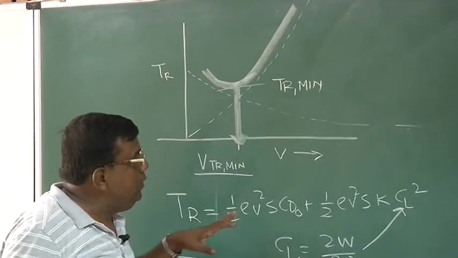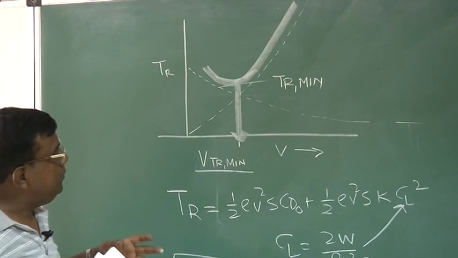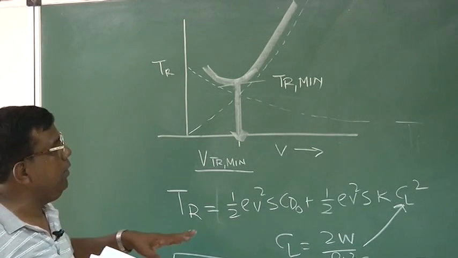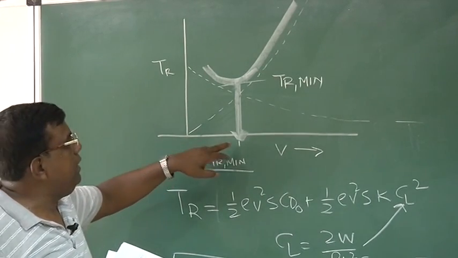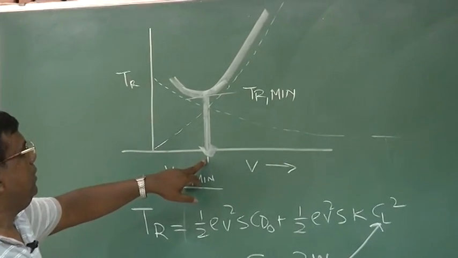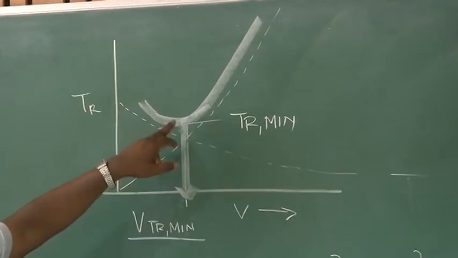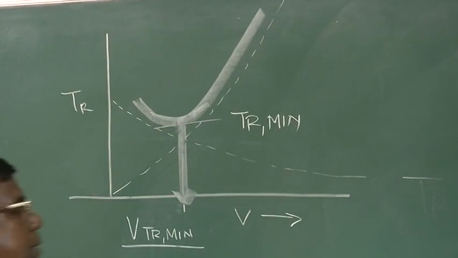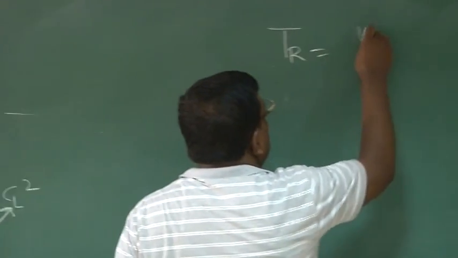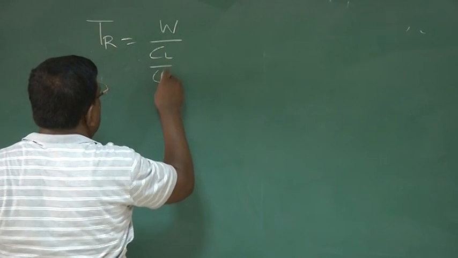And I'll do some algebraic steps, using this equation only, to find out what is the condition at which the V will be this V and the thrust required will be thrust required minimum, right? Let us first understand thrust required, we have seen, is W by CL by CD.